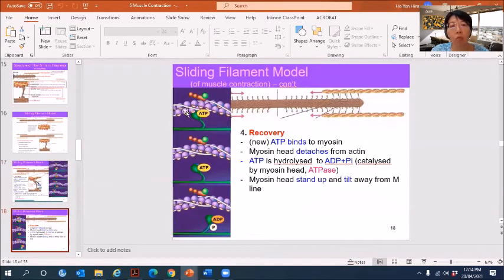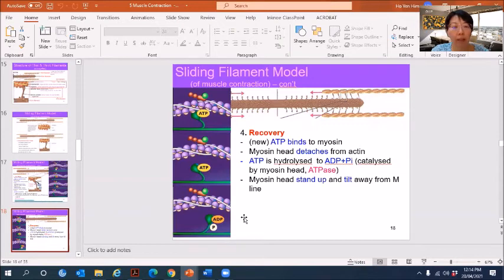After the power stroke, we need ATP to bind to the myosin head so that the head can detach from the actin filament. After detaching, we need the ATP to be hydrolyzed. Once ATP is hydrolyzed, becoming ADP and Pi, energy is released for the head to move back to its original position. So that's the function of ATP. Then only is it able to bind again to the actin.